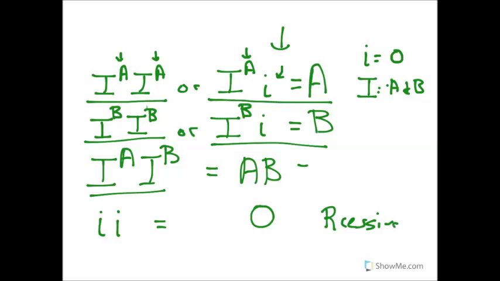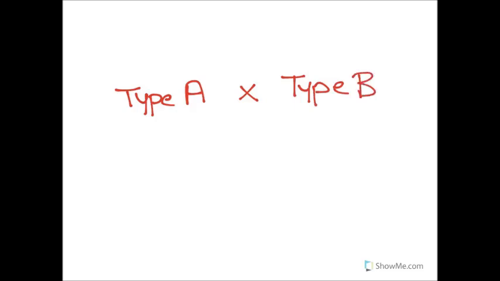So that's going to help us understand the genetics behind this. Let's say that in a genetic cross, we have a parent who is type A, and the other parent being type B, and they're going to have a baby. Well, here's some issues.